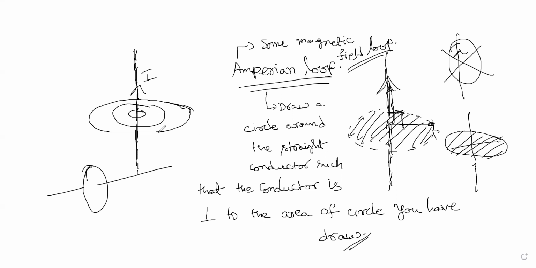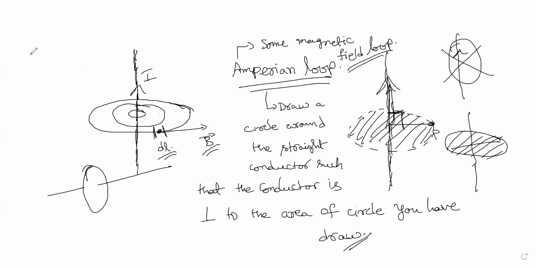And the other part is, what is the direction of the magnetic field at this point? It's given by the tangent. This is the direction of the magnetic field. So at any point on the Amperian loop, we want to find the direction of the magnetic field, draw a tangent. And this is called the element dl.